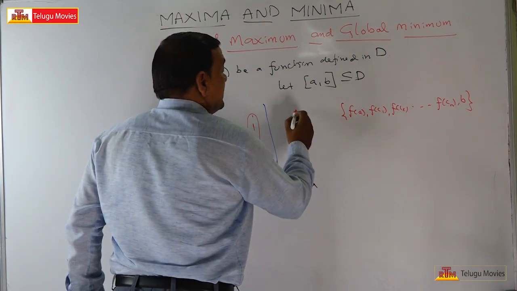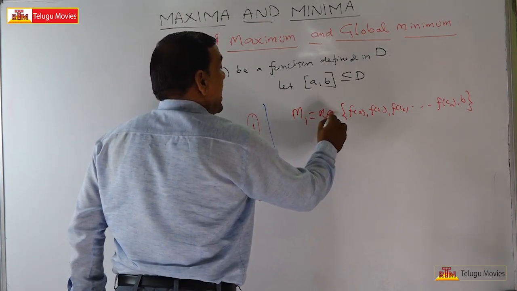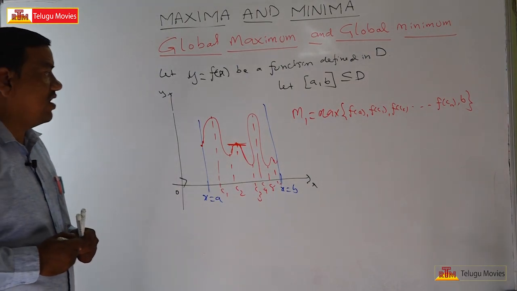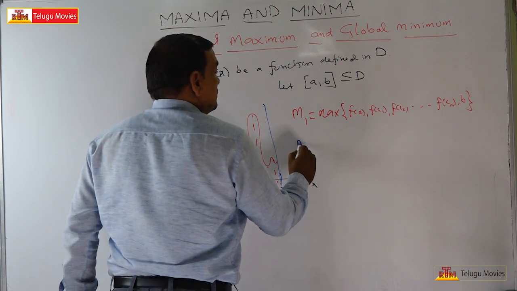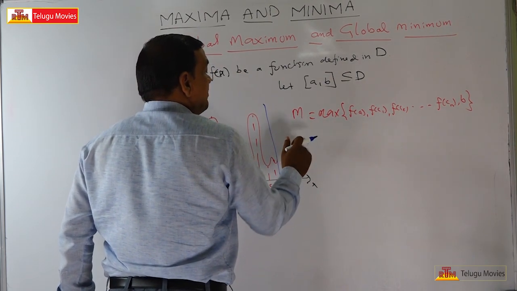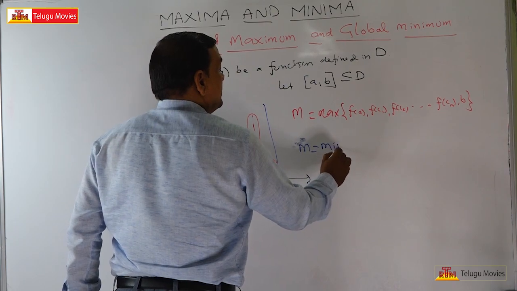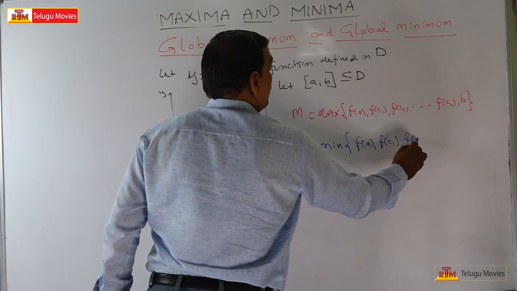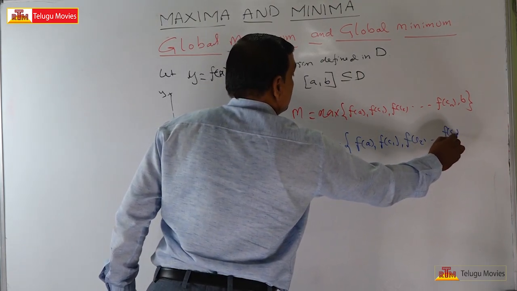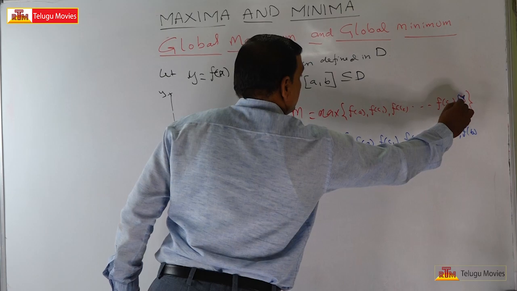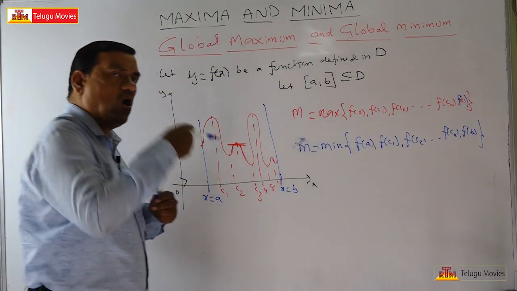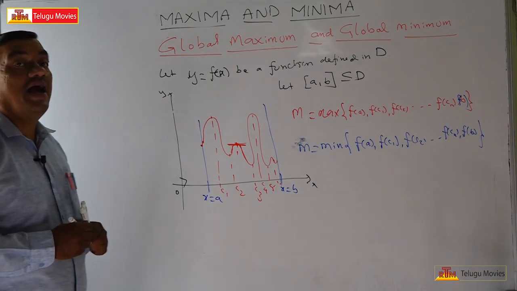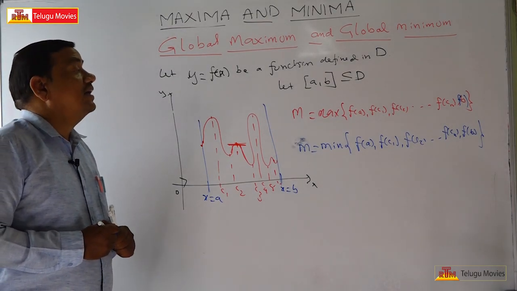Let capital M be the maximum of all the values, and small m be the minimum of f of a, f of C1, f of C2, and so on, f of Cn and f of b, the minimum of all the values in the interval a and b.